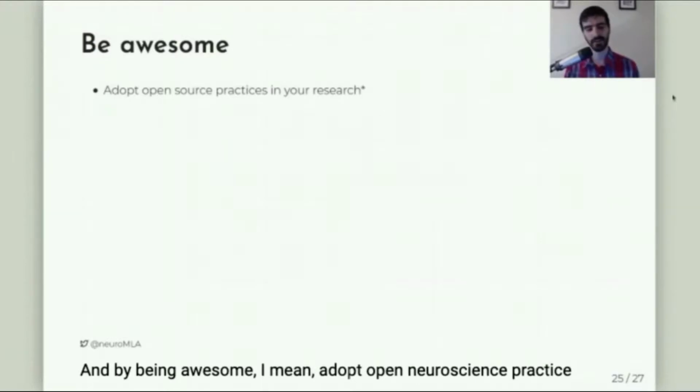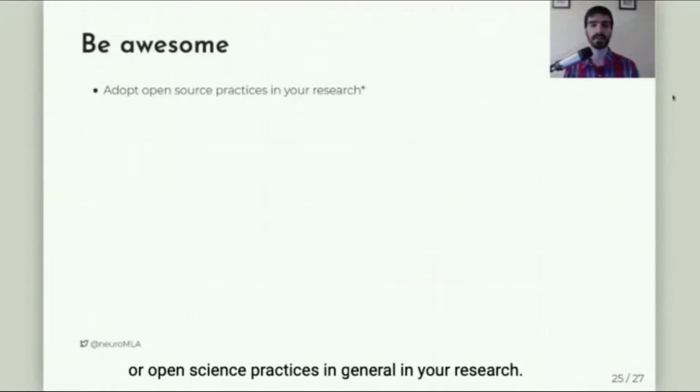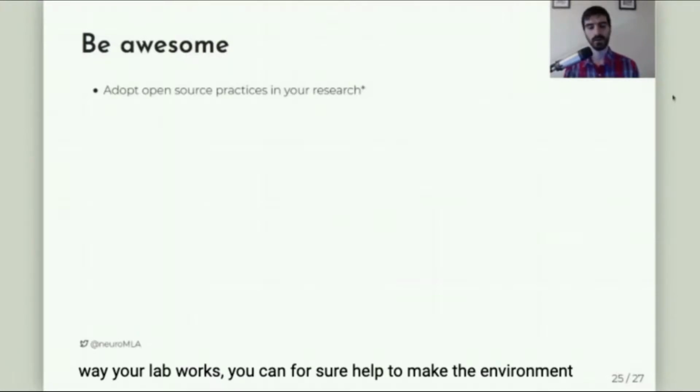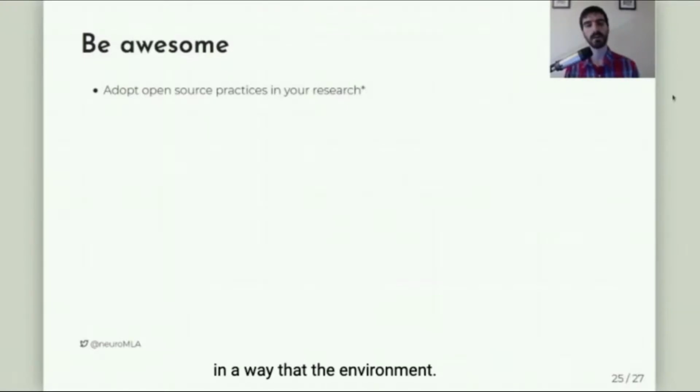And by being awesome, I mean adopt open neuroscience practices or open science practices in general in your research. If you are in a position of power where you can lead the way your lab works, you can for sure help make an environment that thinks about open source practices in the first place.